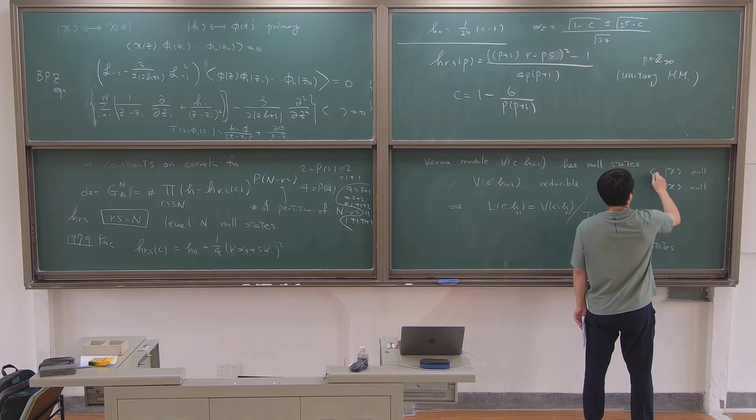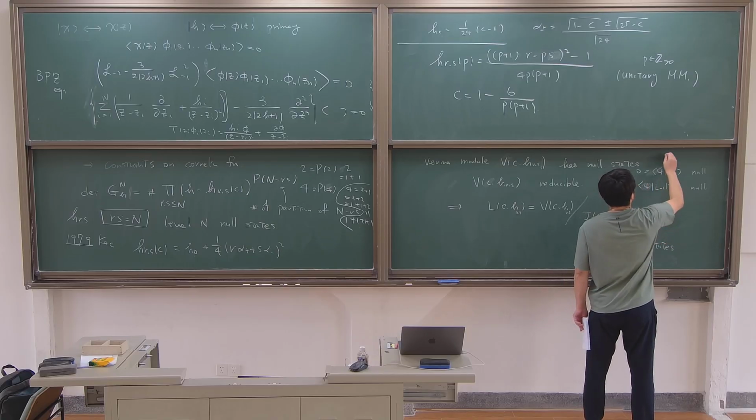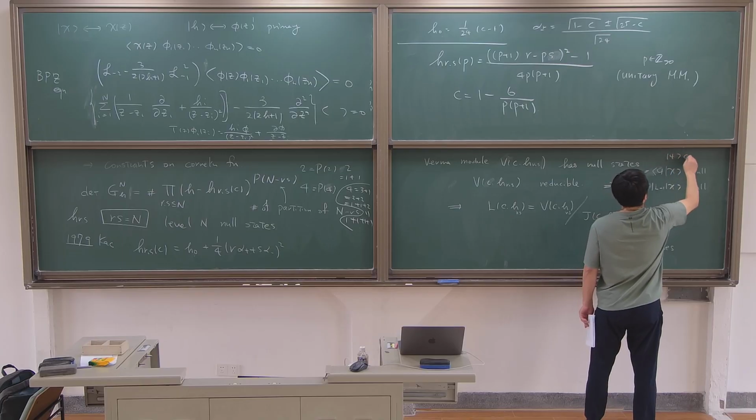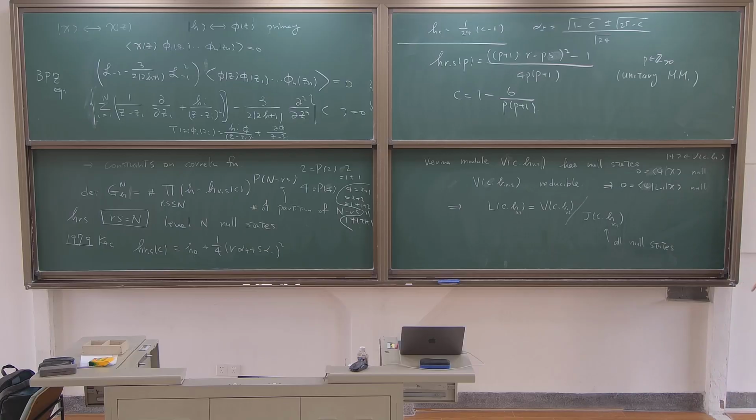So the inner product with psi is equal to 0, and therefore this one is also 0. Any state of psi in the Verma module is orthogonal. That can be easily checked by computation.